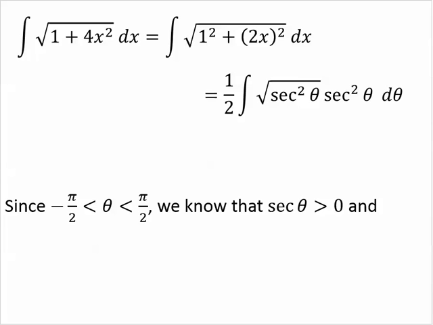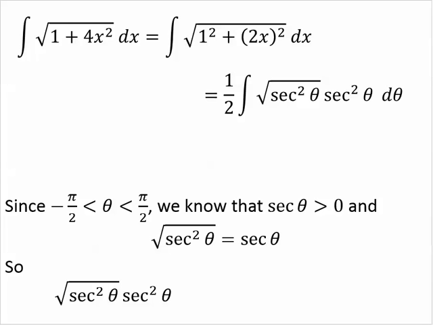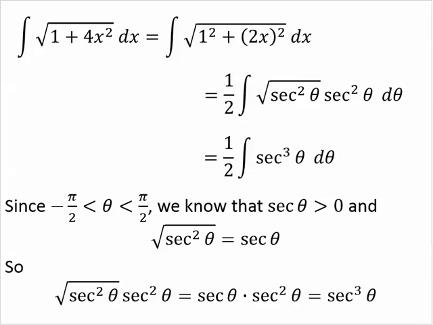Now, we know that secant is positive, so the square root of secant squared is just secant. And so just looking at the integrand, the radical secant squared times secant squared is just secant times secant squared, or secant to the third. And so that simplifies our integrand.